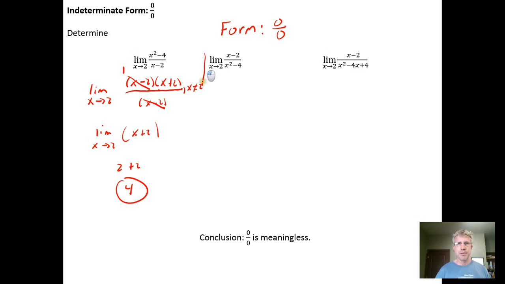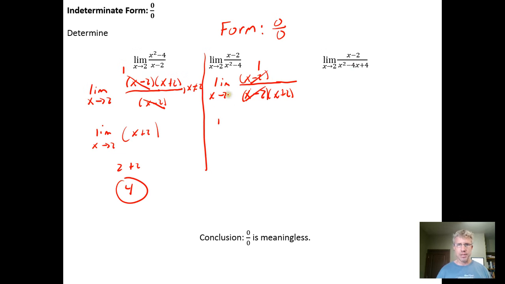We get 2 plus 2, and we discover that the limit of this function as x goes to 2 is 4. This one, all we've done is flip the numerator and denominator over from the previous example. The limit as x goes to 2 for this one is going to be x minus 2 over x squared minus 4, so we factor it just like we did in the previous example. Difference of squares, x minus 2 divided by x minus 2 is 1.